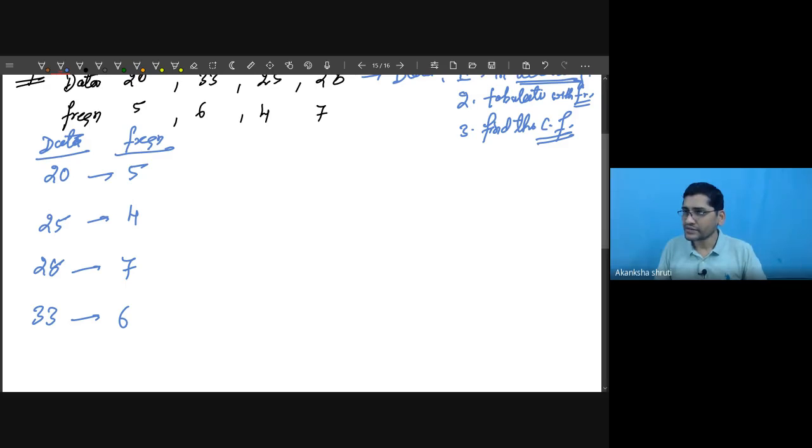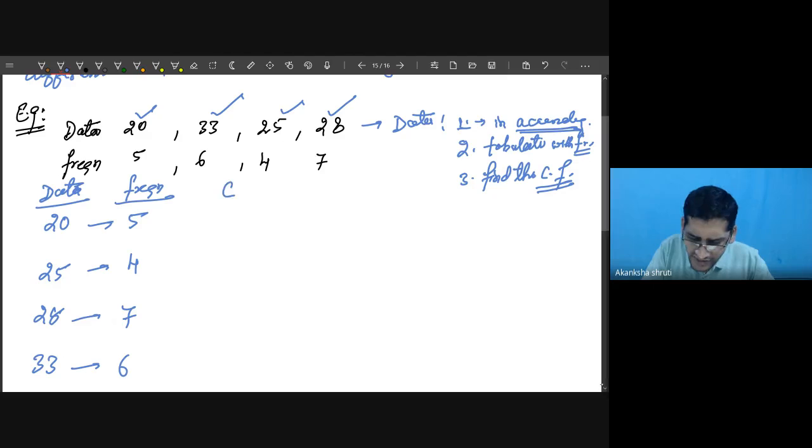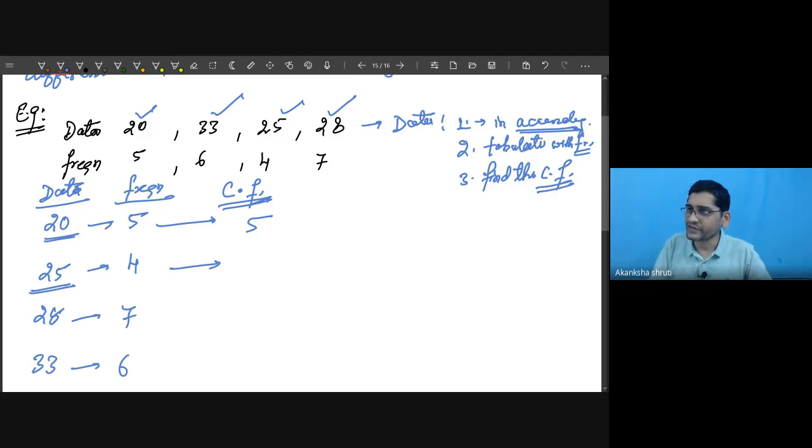We are going to write the cumulative frequency. So student, understand this. For writing the cumulative frequency, this table itself has to be rewritten to avoid confusion. Why? See, for the data 20, the frequency is 5 itself. But for the data up to 25, what could be the frequency?